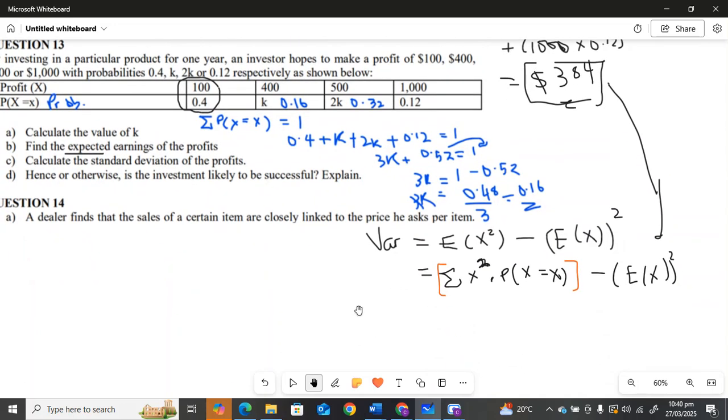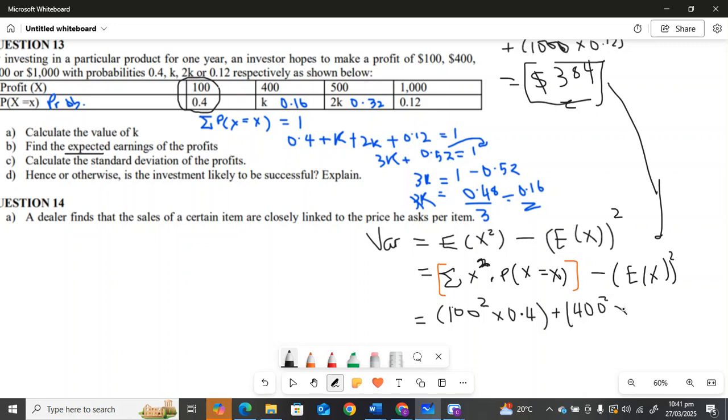So we start with the profit of 100. You say 100 squared multiplied by 0.4. We're just squaring each profit, then we multiply it by its probability, plus 400 squared multiplied by the probability 0.16.